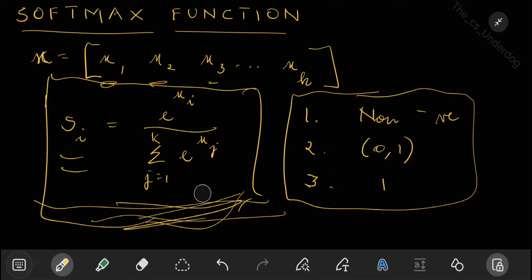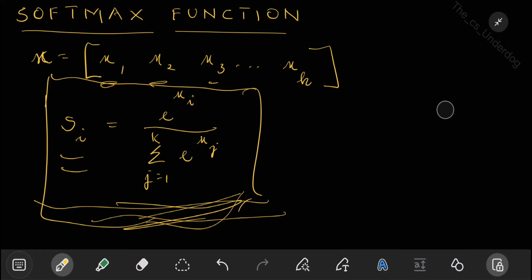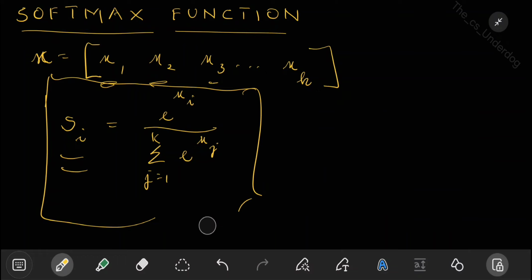That is why you have the sum in the denominator. You are summing up over all the values in the denominator because you are trying to normalize. So these are two things you need to conceptually understand in softmax. Why are you doing these two operations? Let us understand this. Why do you have this particular numerator, and why do you have this particular denominator? What is the significance of these things?